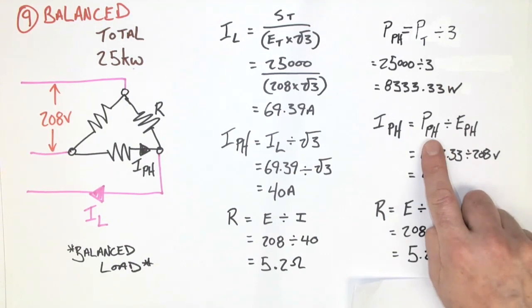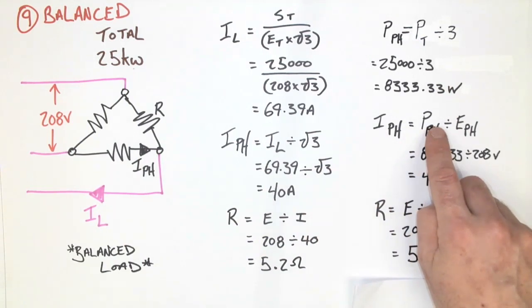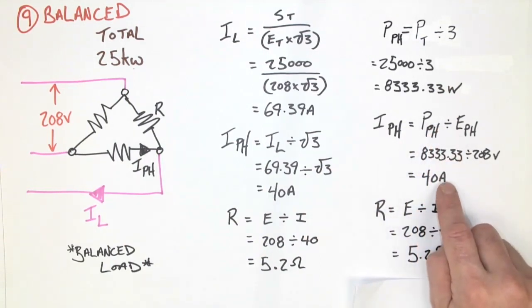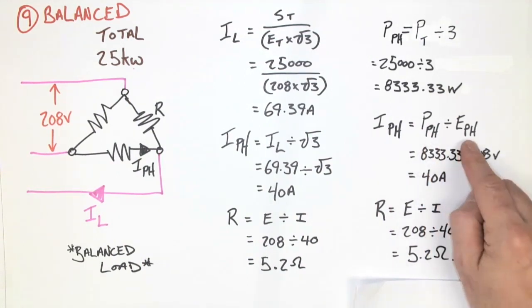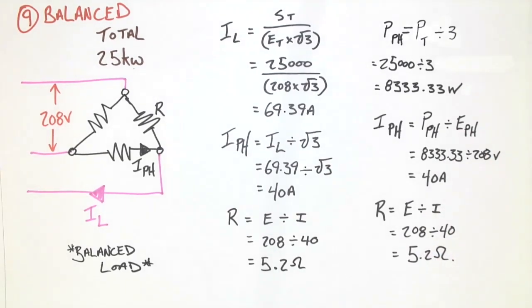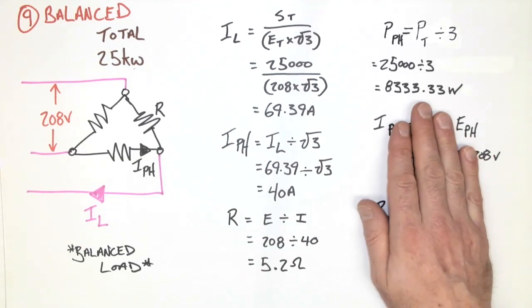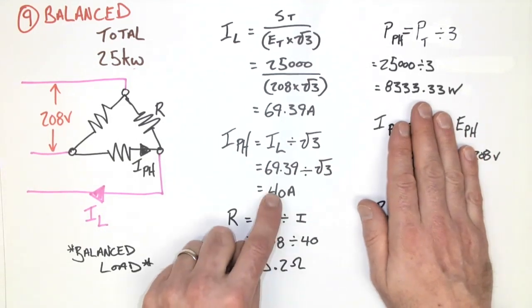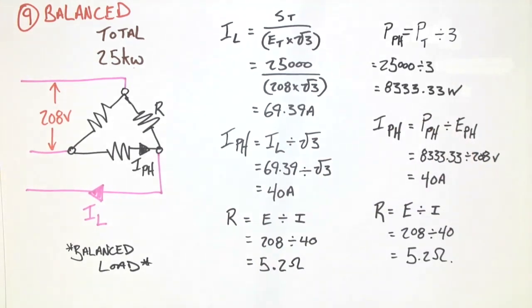We can easily prove in exactly the same way we have done here that indeed the phase current is 40 amps, and it would be by taking the phase power and dividing it by the phase voltage. And finally, Ohm's law yet again, having found the 40 amps from a different method. These two here are simply showing another way to get 40 amps. It's simply to show that there are multiple ways that we can go about calculating these values.